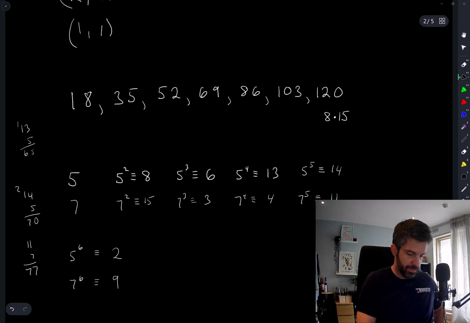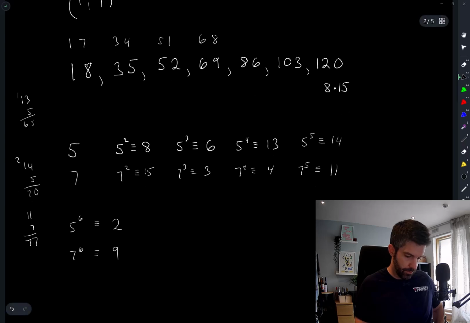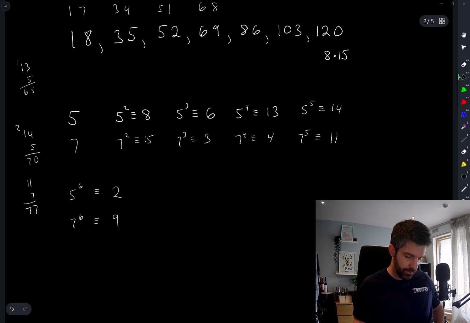Let's write out multiples of 17, it would make this easier. 34, 51, 68. So 68 plus 9 is 77, yeah, so this works.